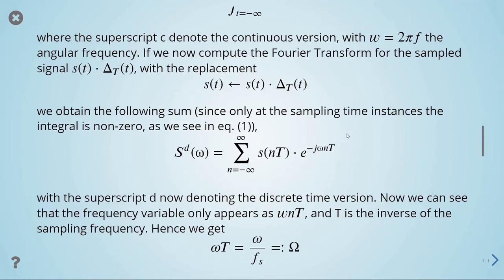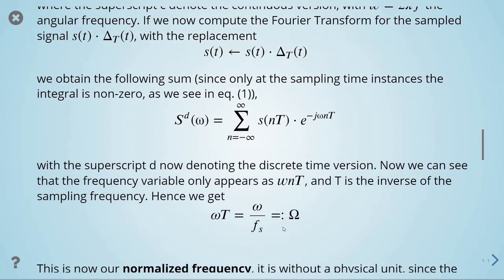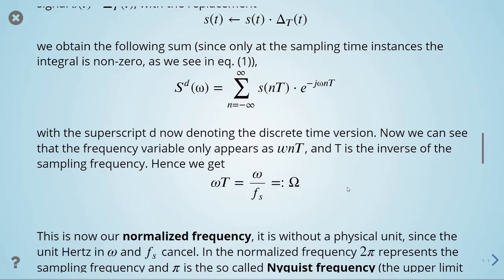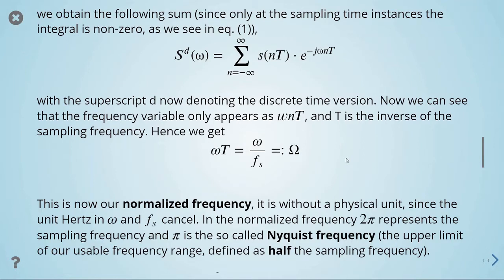We can see that the frequency variable only appears as omega times n times capital T. As we said before, T is the inverse of the sampling frequency. So omega times capital T is equal to omega divided by the sampling frequency, which we define as capital Omega, the normalized frequency. The normalized frequency has no physical unit, since the hertz in omega and in the sampling frequency cancel.